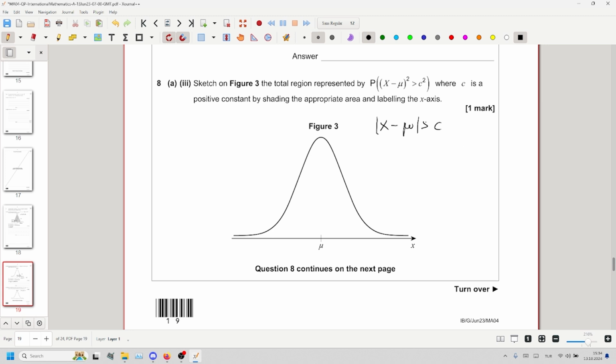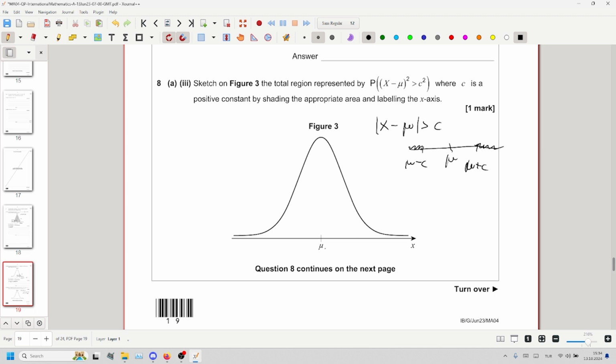Now what this means is, here it's mu, and x's distance from mu is greater than c. So here will be mu minus c, here will be mu plus c. And this is the region beyond this area.